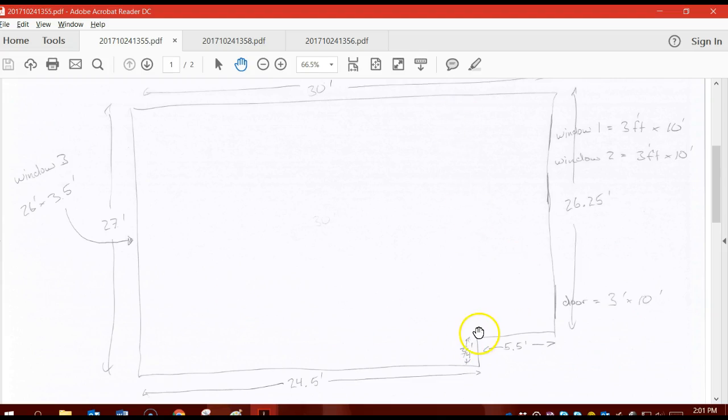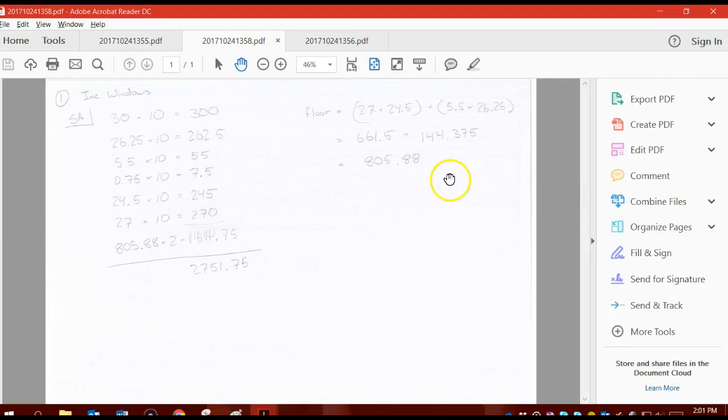And then the area over here is 5.5 times 26.25 feet. All right, and again, your numbers, if they're a little bit different, that's fine, but that's basically what we're doing. So here's the big rectangle. I added it to the little rectangle. We add the area, and that gives me the area of the floor. Then I doubled that number because we have to include the ceiling as well. Okay, so that's where this number comes in as well. So don't worry about my numbers, worry about the play. That's what we would do.